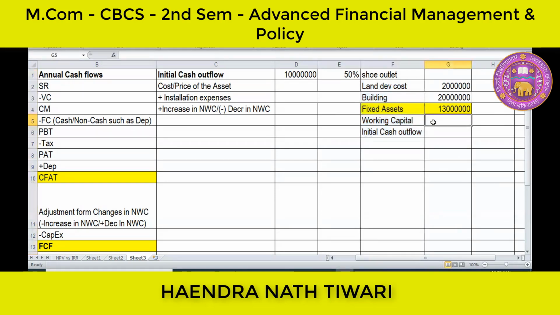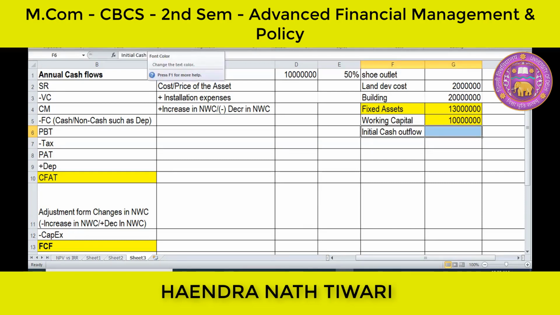So you will have 1 crore rupee of working capital invested over there. So 1 crore rupee of working capital required will be there. And we're supposed to determine this initial cash outflow. But before that, let us understand the different components of it.